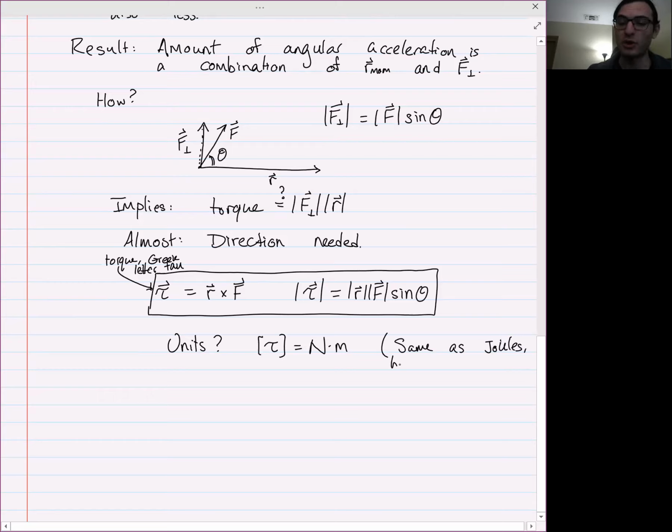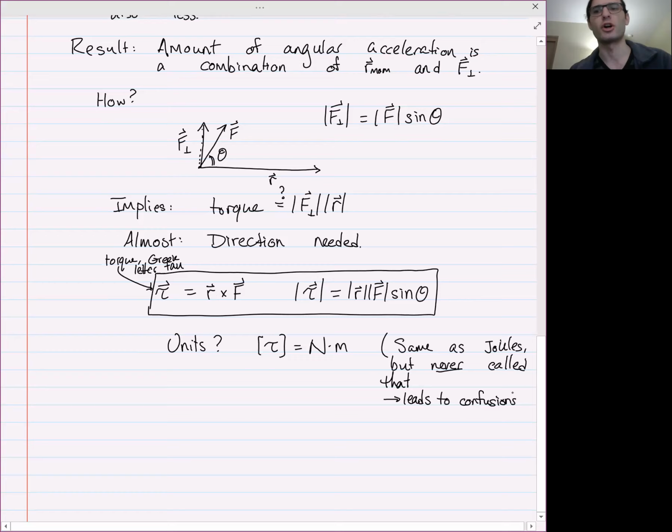But I want you to never, ever, ever call the units of torque joules, because it just leads to confusion. You don't want to say that it has 5 joules of torque. Typically, the language that you'll use is 5 Newton meters. And in fact, if you've ever looked into European spec vehicles, when they talk about the torque of an engine, they talk about it in terms of Newton meters.